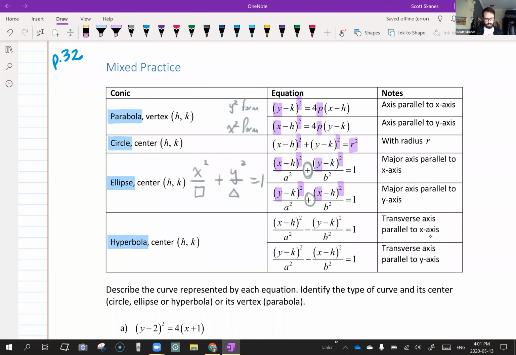Let's look at the differences for the hyperbola. For the hyperbola, we still have x squared stuff and y squared stuff. But what's the main difference? It's this minus. Yep, Kevin got it. Good job. It's the minus. You still have x and y squared things.